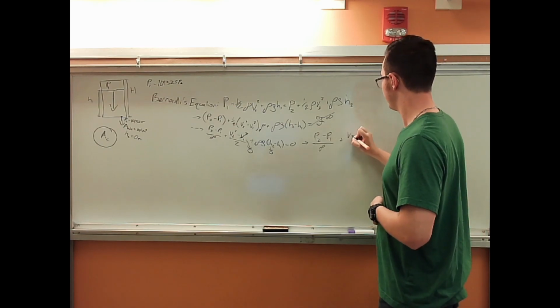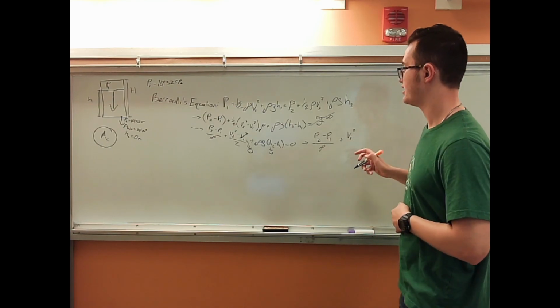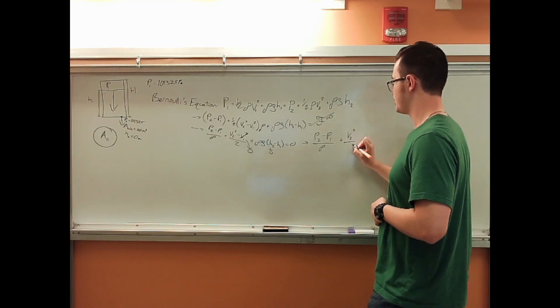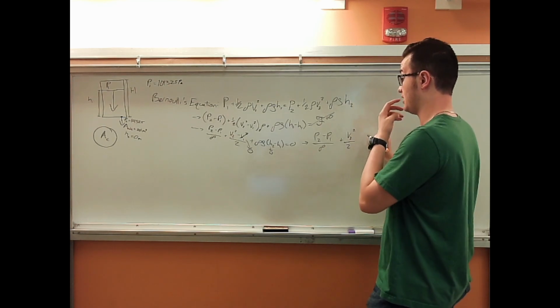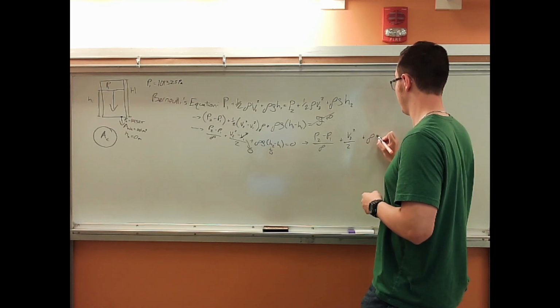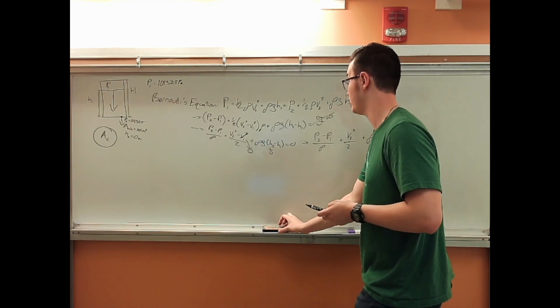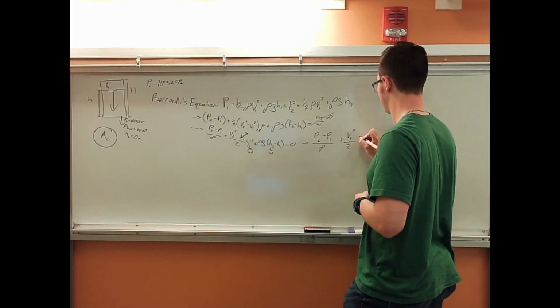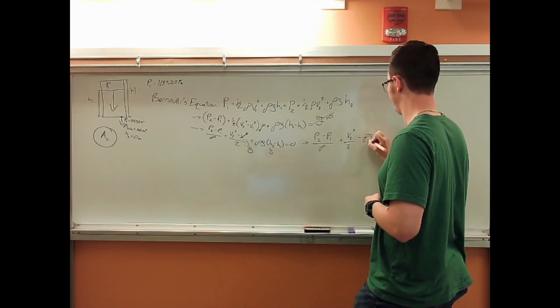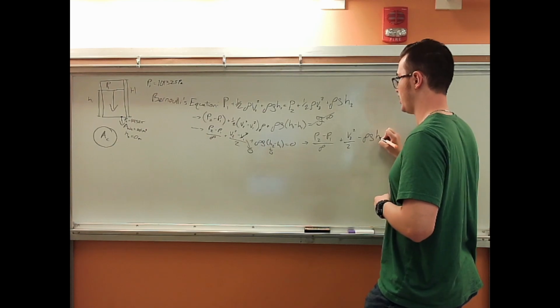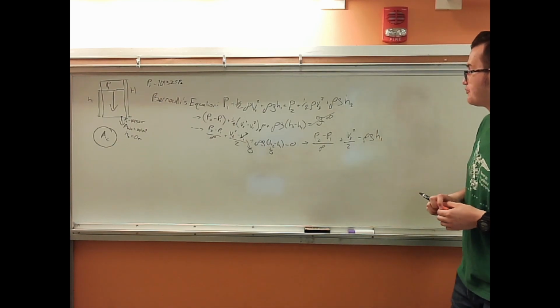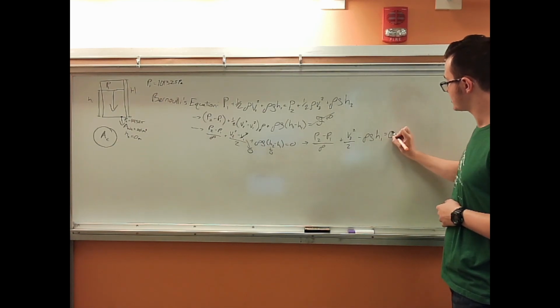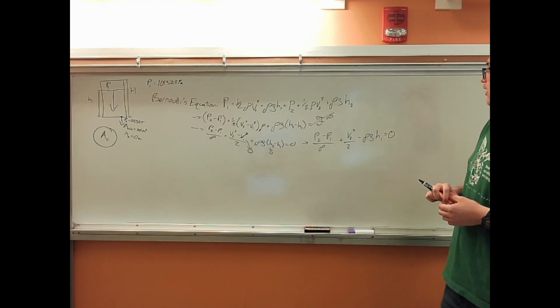Plus velocity at state 2 squared divided by 2, plus rho g, this is actually minus rho g h1. So of course equal to 0.